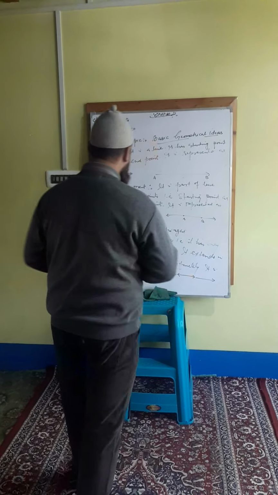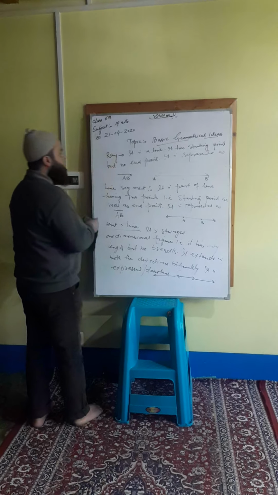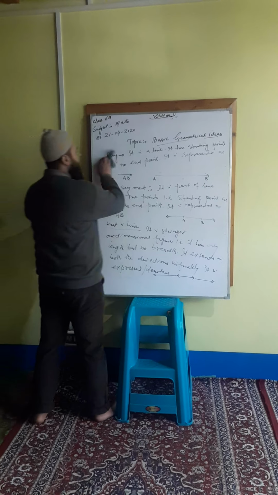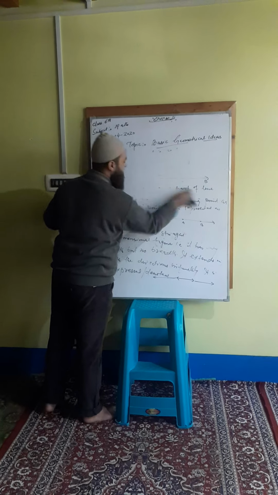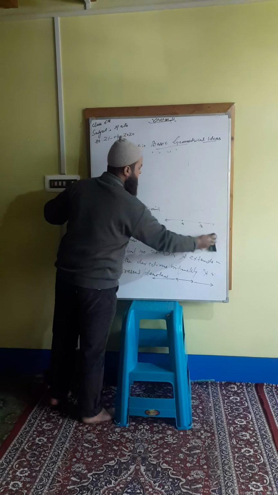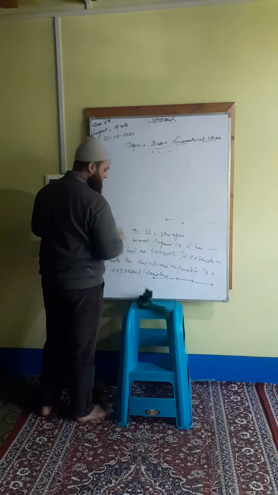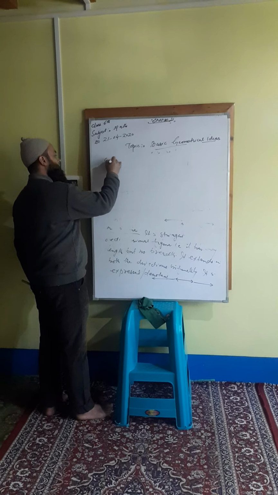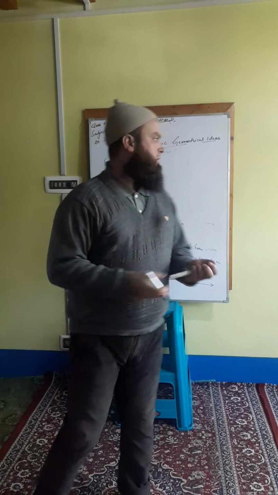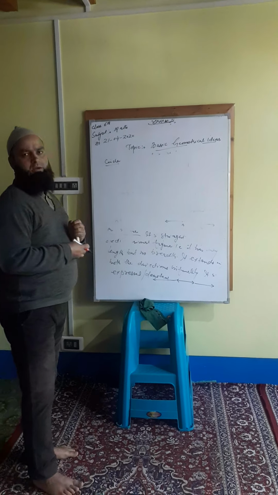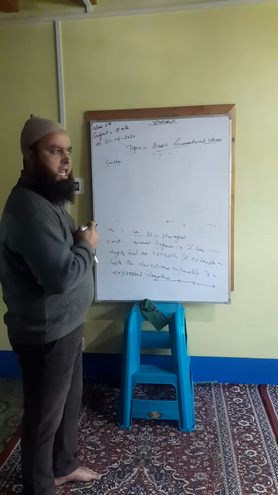Now, another concept of basic geometry is the circle. What is a circle? Since we already know what a point is, a point is a location.